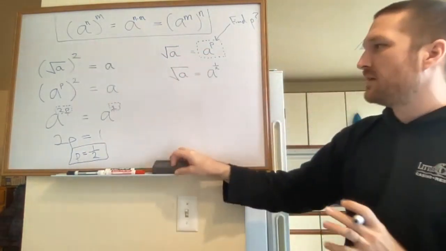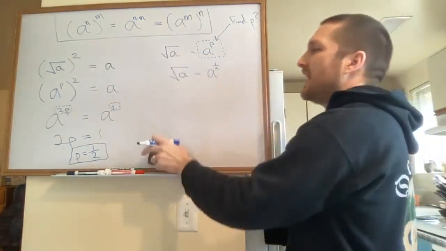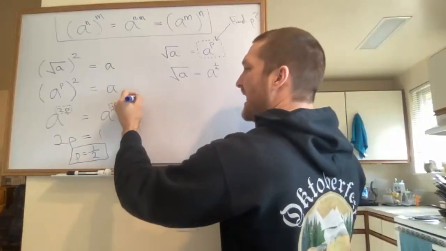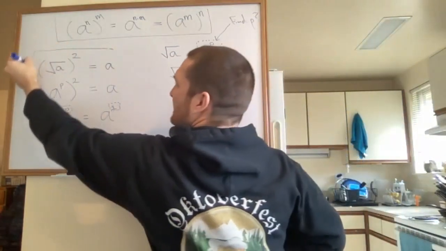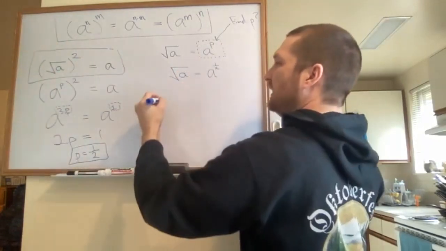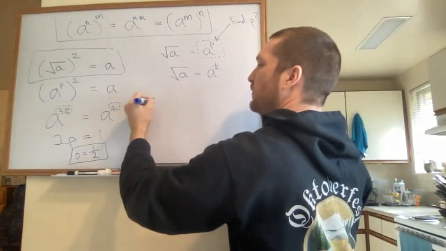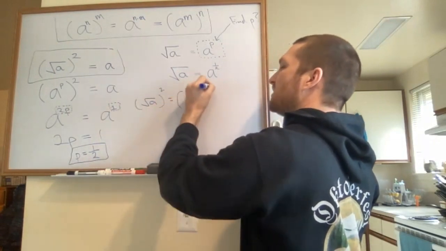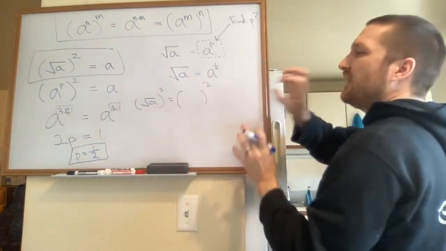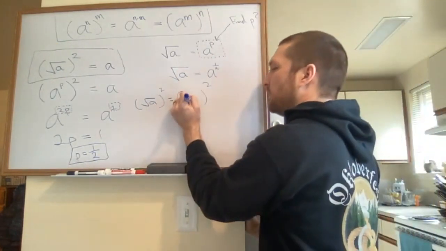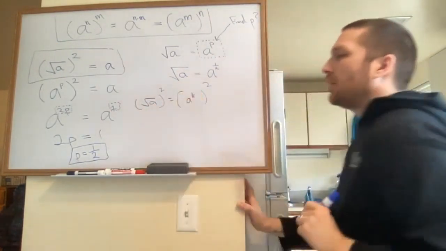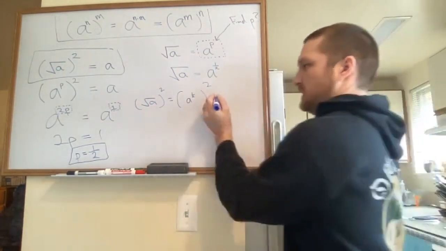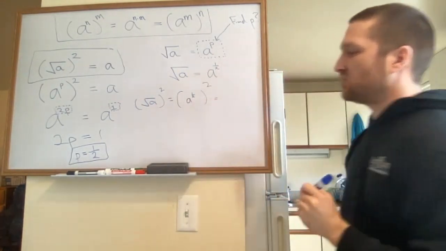Now let's just see if this makes sense. Let's rewrite this and use some rules and see if this is at all consistent. What we just said was that we know that this is true, so let's verify. If I have the square root of a squared, I'm saying that we can rewrite a square root as that number to the 1/2 power. So I have a to the 1/2 twice. In other words, whatever that is squared.